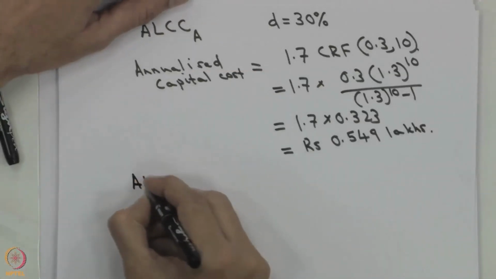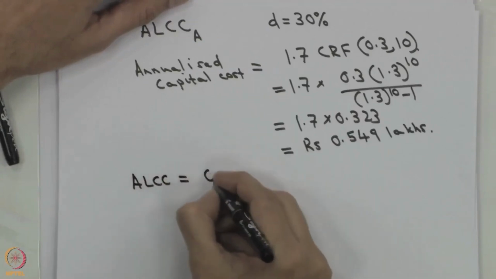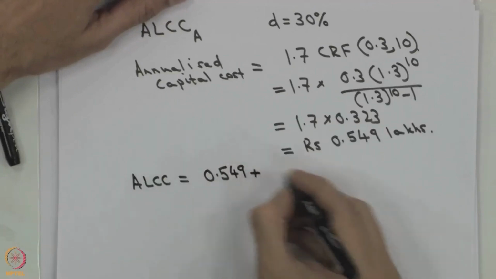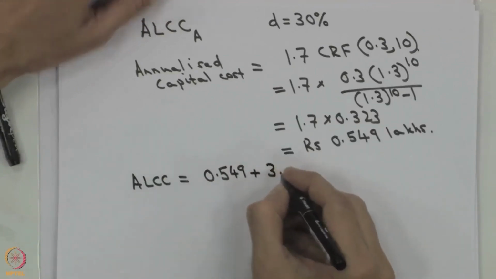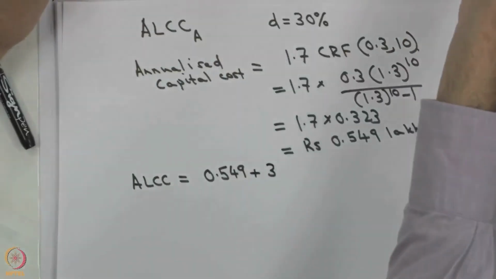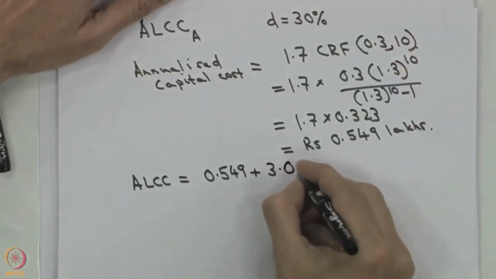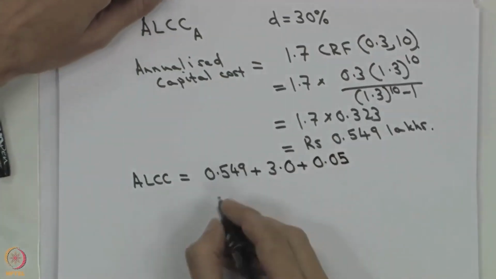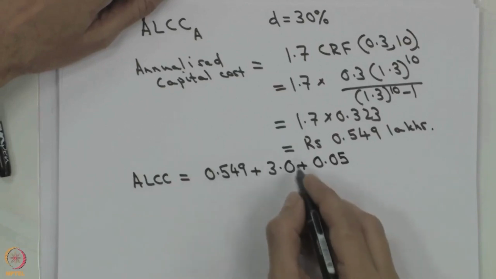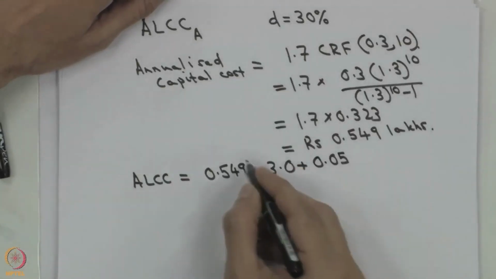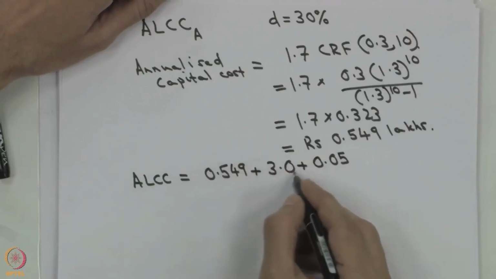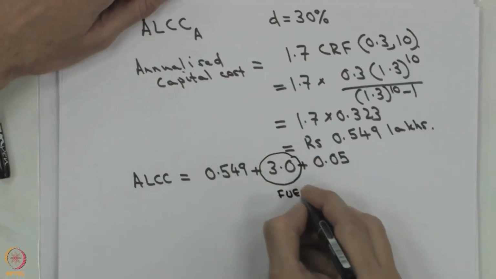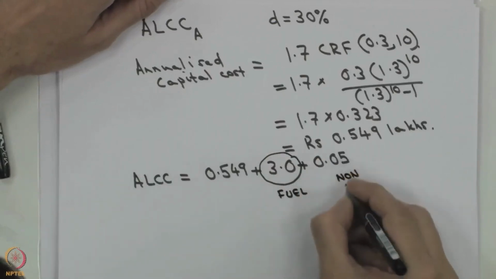So, the total annualized life cycle cost is 0.549 plus 3.0 plus 0.05. You can see the relative magnitudes of these components: this is the annualized capital cost, this is the annual fuel cost, and this is the non-fuel O&M cost.